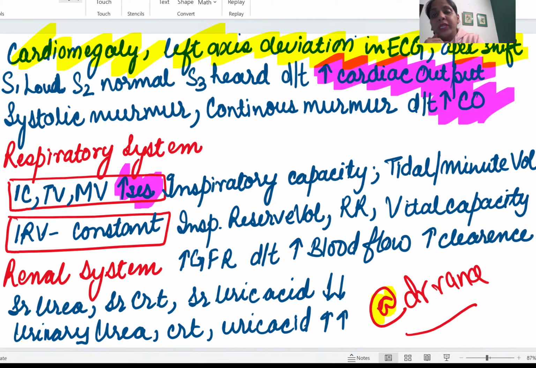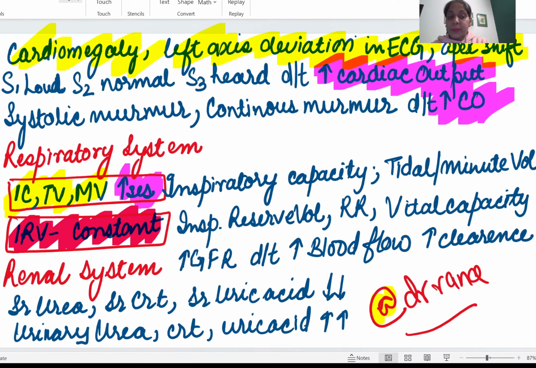IC stands for inspiratory capacity, TV stands for tidal volume, and MV stands for minute volume. IRV is constant. I stands for inspiratory reserve volume, R stands for respiratory rate, and V stands for vital capacity.